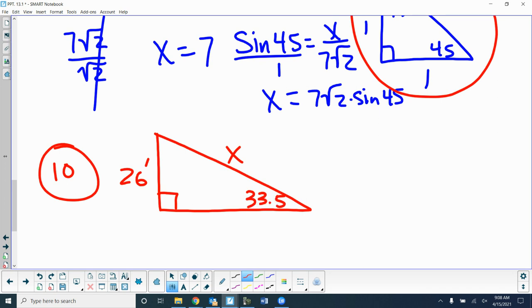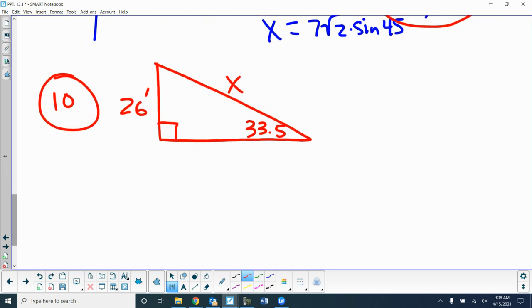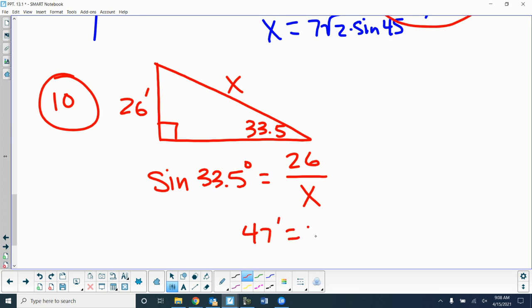Which trig function are you going to use? Sine, thank you. Because we've got our angle, opposite side over hypotenuse. What's the answer to that, Danny? Right, 47 feet, when you solve it.